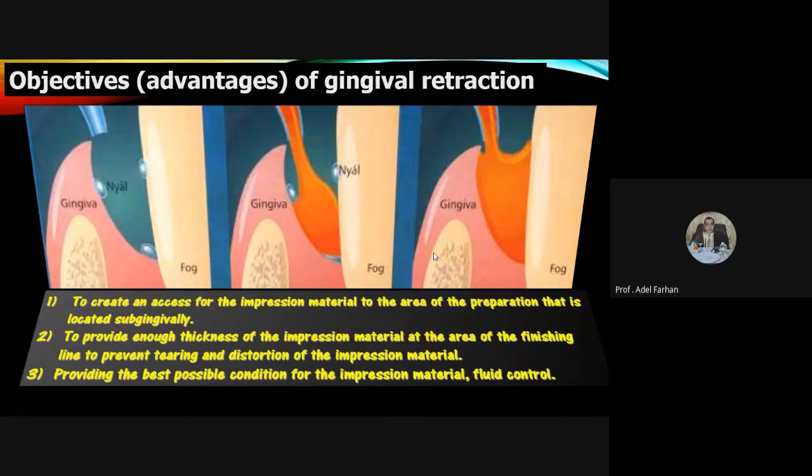We said that as part of the retraction, when we do a retraction there is control of fluid seepage. So we control the physical properties of dental materials, and most of our dental materials, including impression materials, are affected by fluid or moisture.